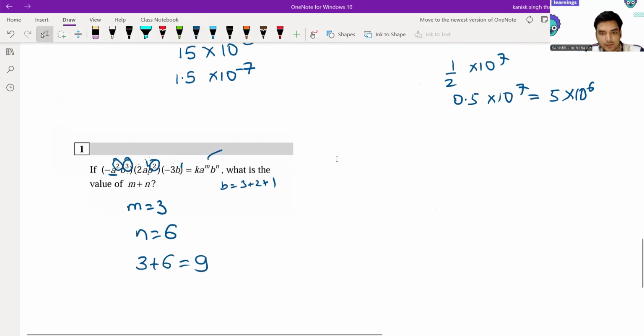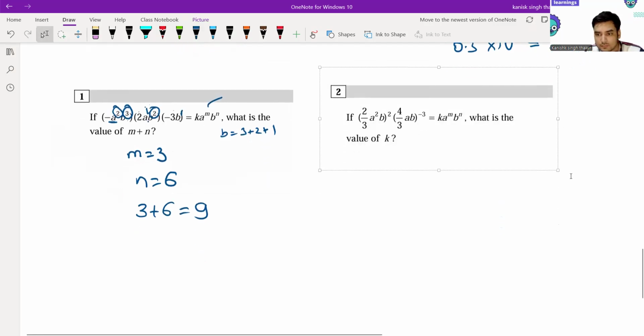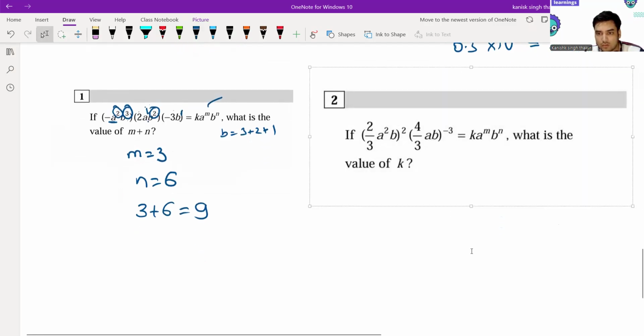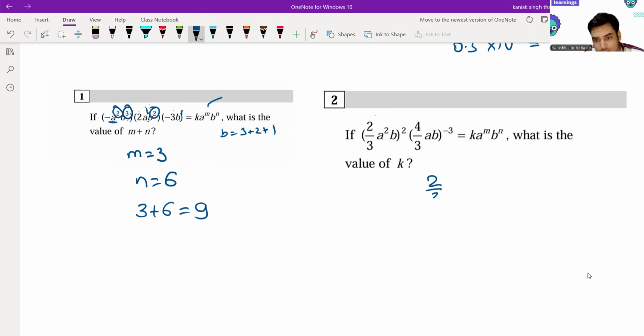Suppose I have this. So again, right? Now they are asking for k, so I don't even have to care about a and b, right? I'll just see all are in multiplication. But remember, there is a negative 3 power. Negative power means what? That you have 2 over 3, then 4 over 3 will go in the denominator and then its cube will be done, right?